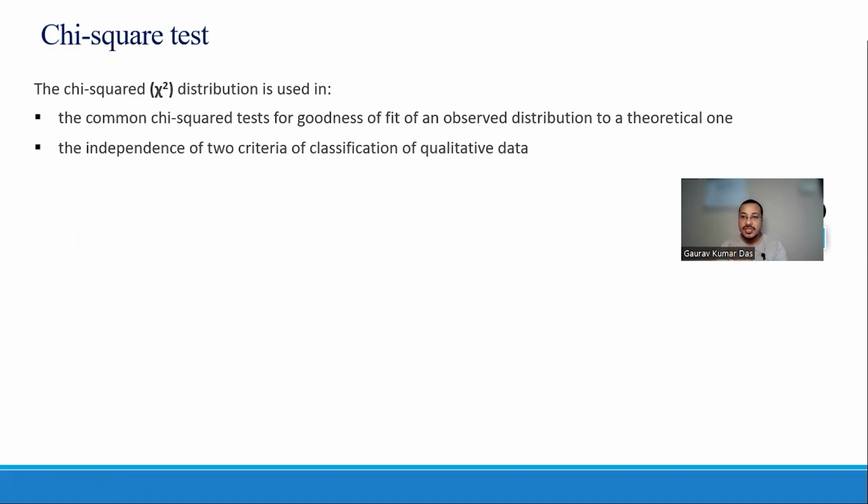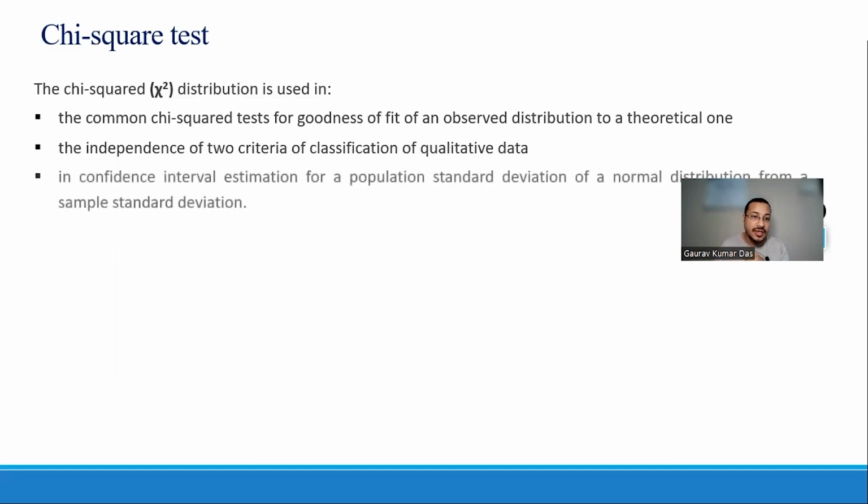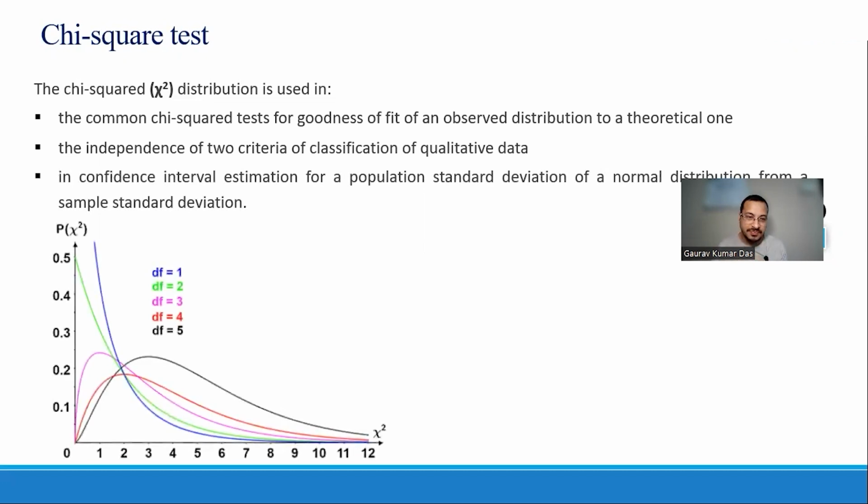The t-test and the z-test are typically hypothesis tests done on continuous distributions, whereas chi-square test can be done on categorical data as well. Chi-square test is also used in confidence interval estimation for normal distribution. So there are many uses of chi-square tests.